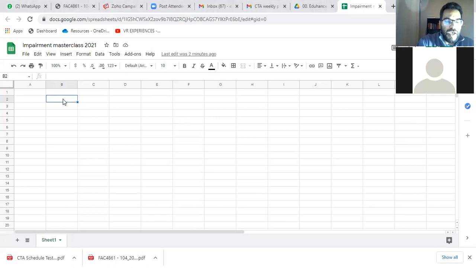So, impairment test of the wholesale division. We're going to have carrying amount. Now, the carrying amount of the wholesale division will be a number of assets.